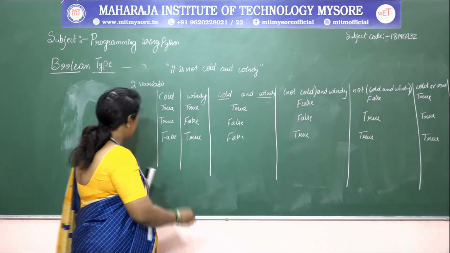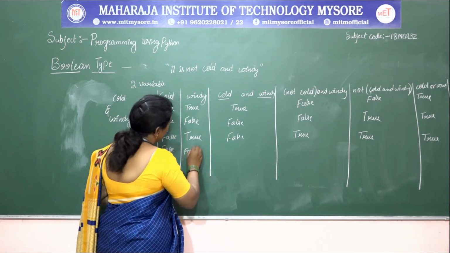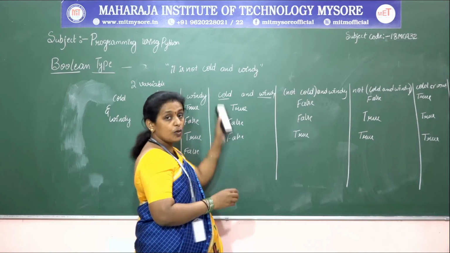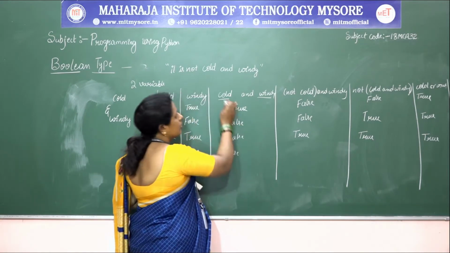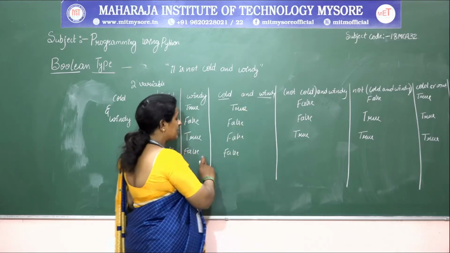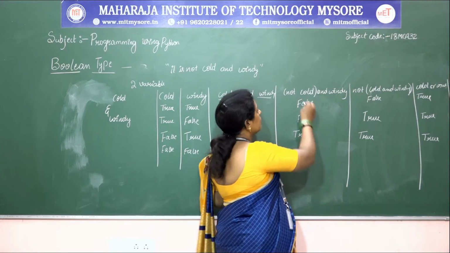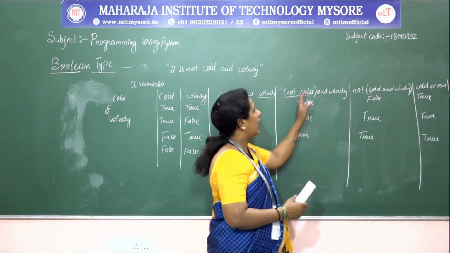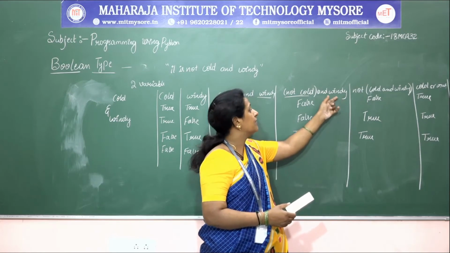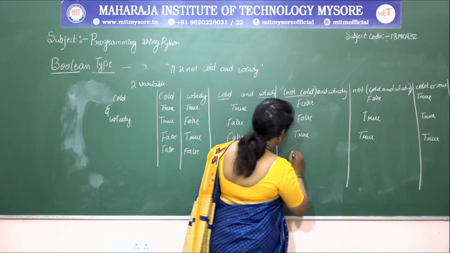Coming to the last one, that is false. This operation gives output false itself, because both operands are false. Here, not of cold is true, and when ANDing with this operation we get the output as false.